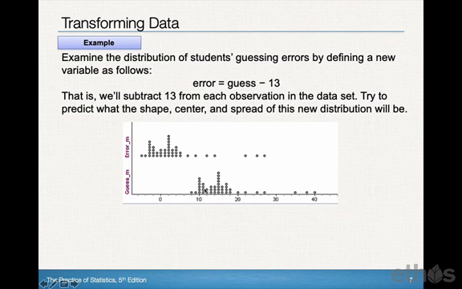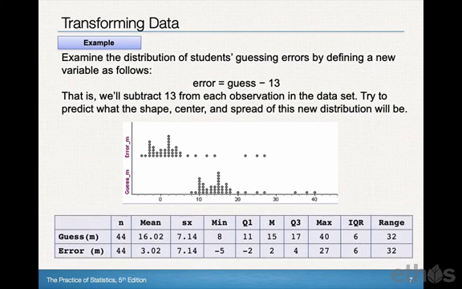All right, so you see the two distributions of the exact same shape, and they haven't been stretched out or squished in, so the shape has not changed, and here's proof of it. However, every data point got 13 points smaller when they went from the guess to the error. So that's a beautiful graphic to help you understand that. And there's the summary statistics down below it. You can see that the mean, we started with a guess of 16.02 and the error is 3.02.